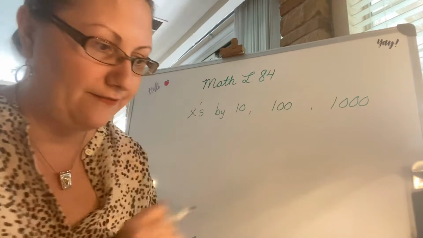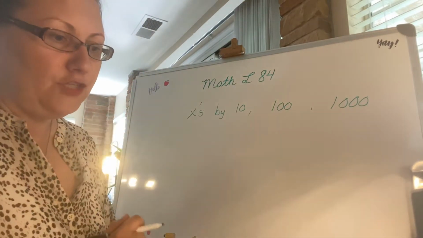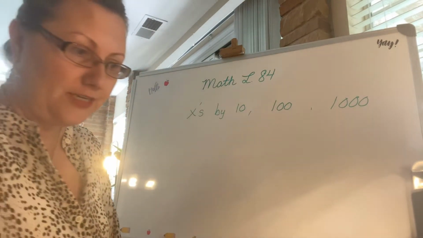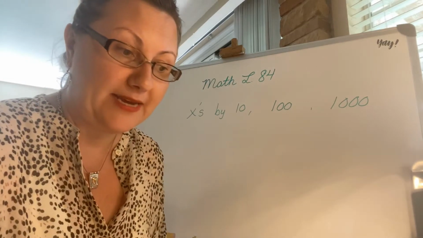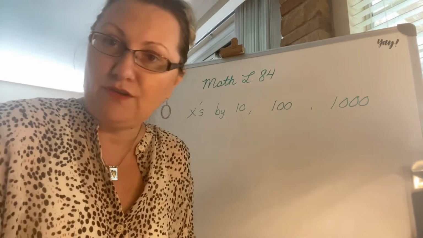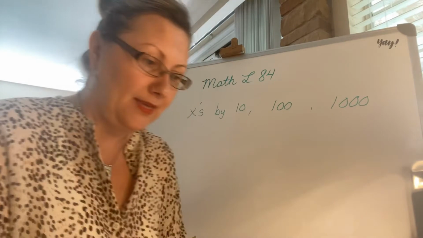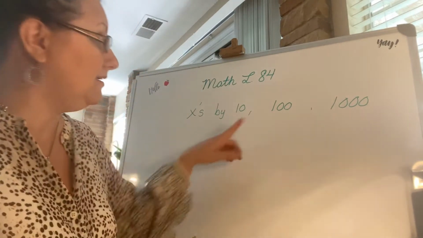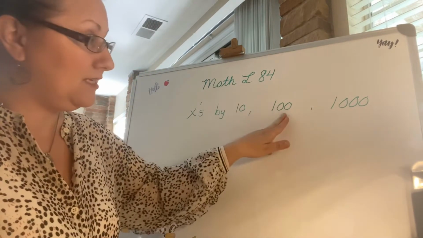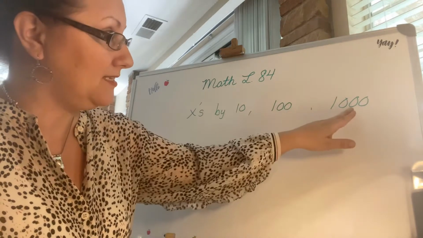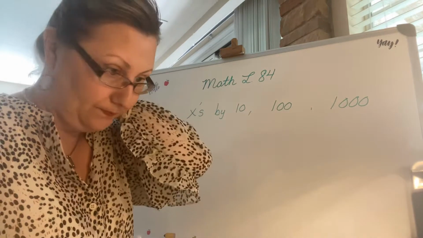As you can see in the very first new concept information, it says to multiply a whole number by 10, we simply add a 0 to the end of the number. When we multiply by 100, we add 2 zeros. When we multiply by 1,000, we add 3 zeros to a number.